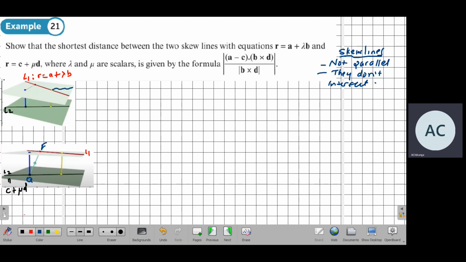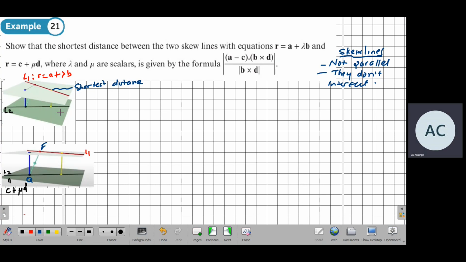This yellow line is what we call the shortest distance between these two skew lines. And you can see that this line is perpendicular to the parallel planes.